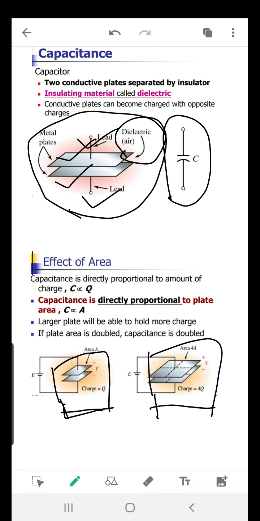So as the area increases, the capacitance value will also increase. That means if the charge here is Q and here area is increased by 4 times, then charge will be 4Q, directly proportional. Here the charge is Q, and here the charge is increased by 4 times, that is 4Q.